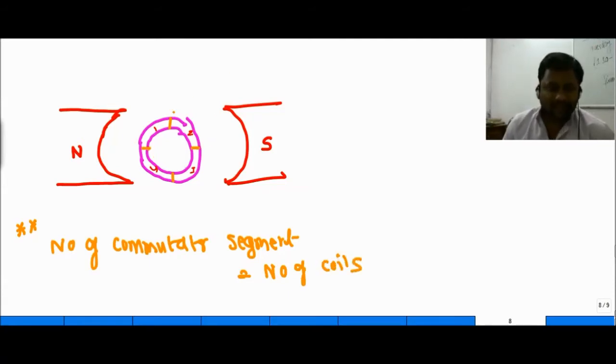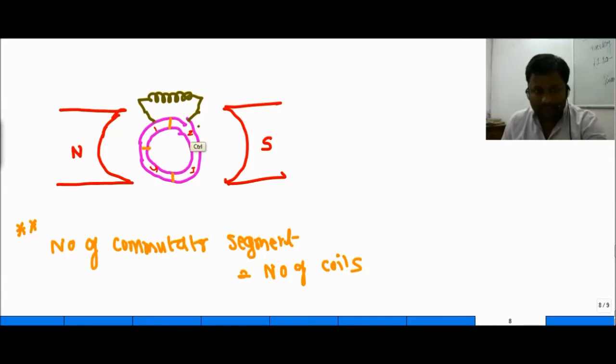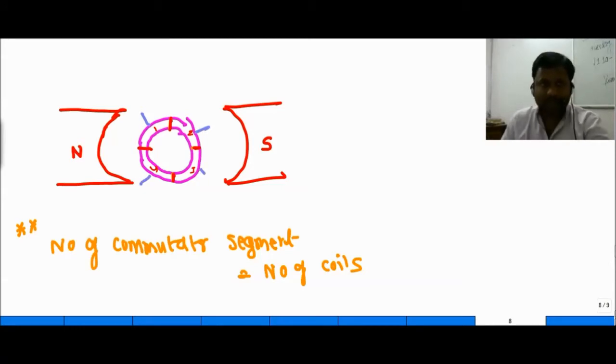Here in this machine I am using 4 segments, so we have to put 4 coils in this machine. This is coil 1, which is connected to the armature winding. Similarly, this is 1, 2, 3, and 4.